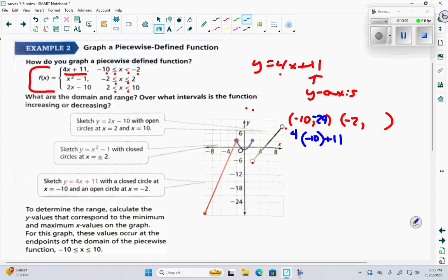Double checking my graph. Now I would do it again, but now I'm plugging in a -2 into the equation. So I have 4 times a -2 that I'm adding 11 to. 4 times a -2 would be a -8. And when I add 11 to that, my new y value is 3.